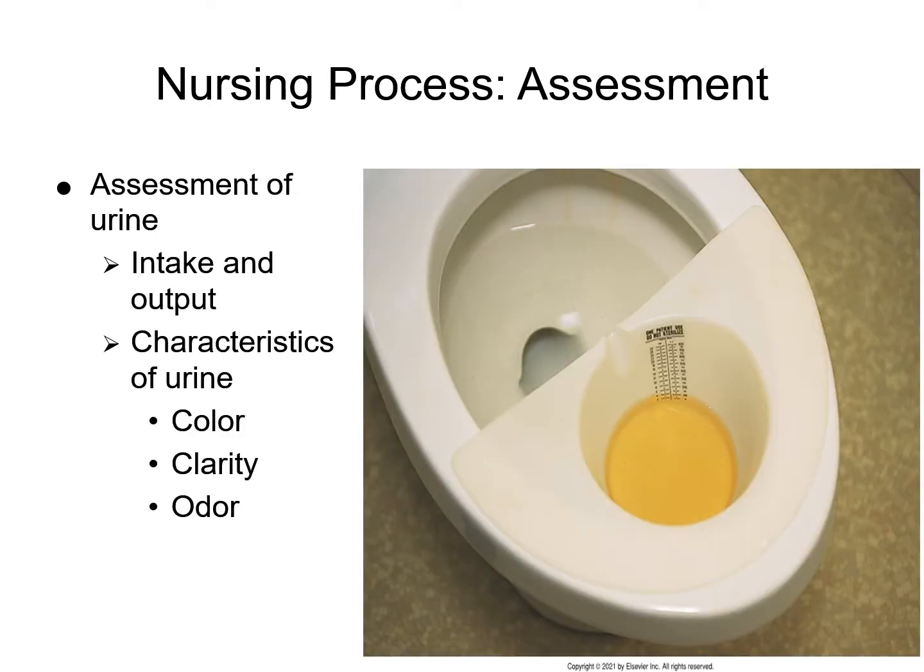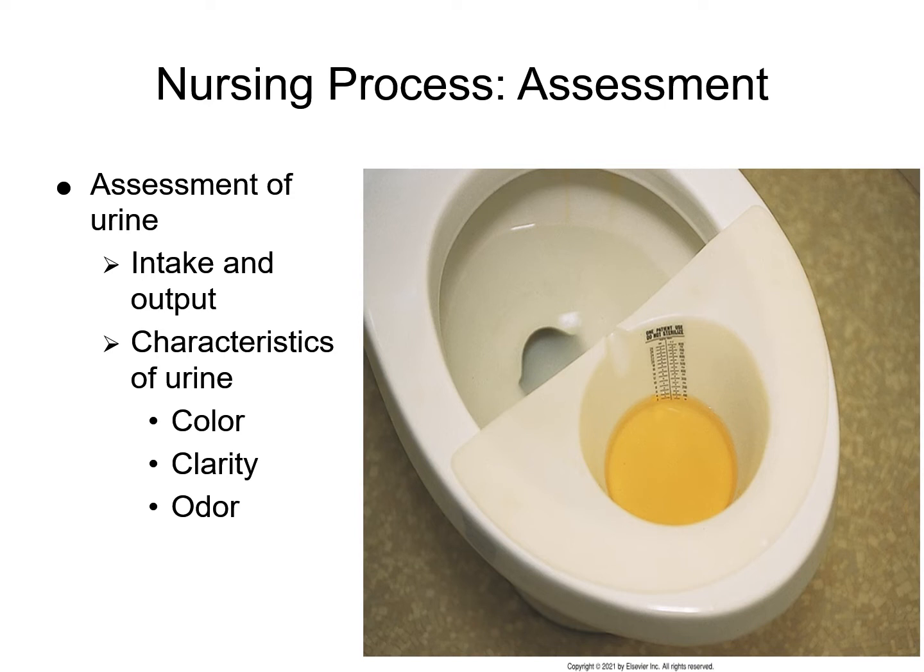Assessment of intake and output is a way to evaluate bladder emptying, renal function, as well as fluid and electrolyte balance. Urinary output is a key indicator of kidney and bladder functioning. A change in urine volume can be a significant indicator of fluid imbalance, kidney dysfunction, or decreased blood volume.